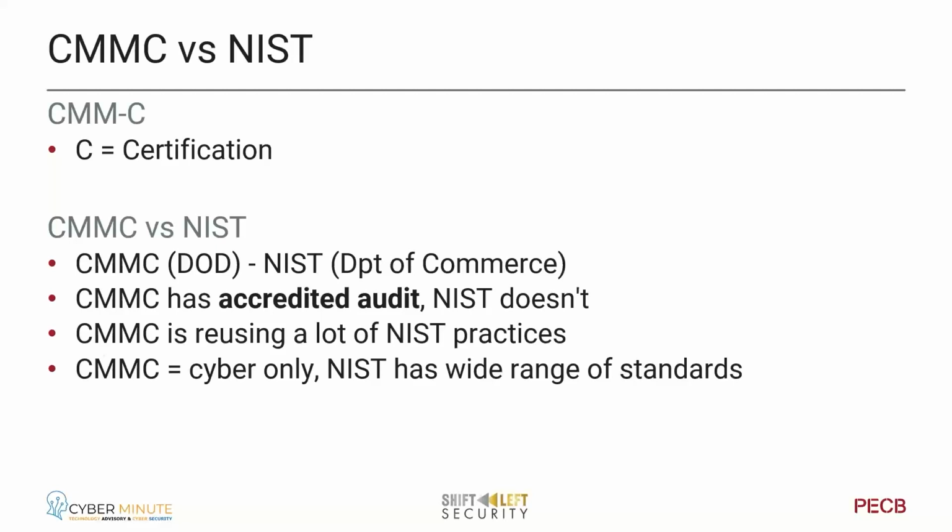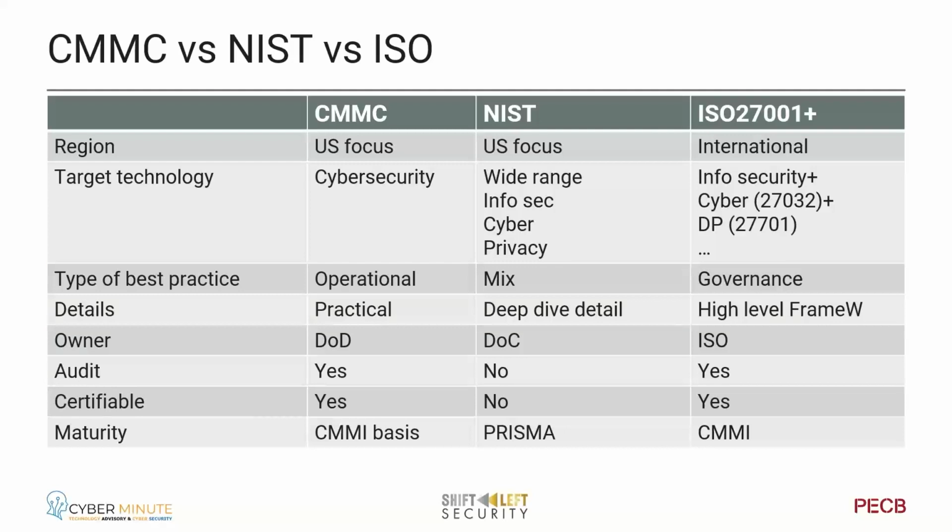Also very important when putting the frameworks next to each other to compare them is that the CMMC is highly focusing on cyber, while the NIST and also the ISO standards and best practices are broader in any way, using risk management and information security management. So the CMMC is in many cases just a subset of that information, and for that reason I also added a table to compare the various frameworks very easily.